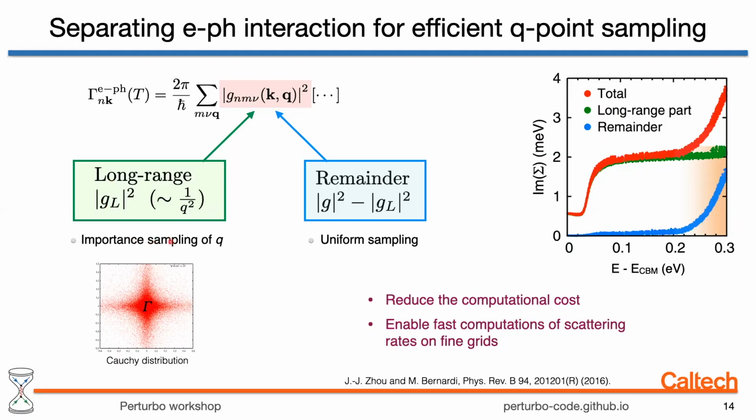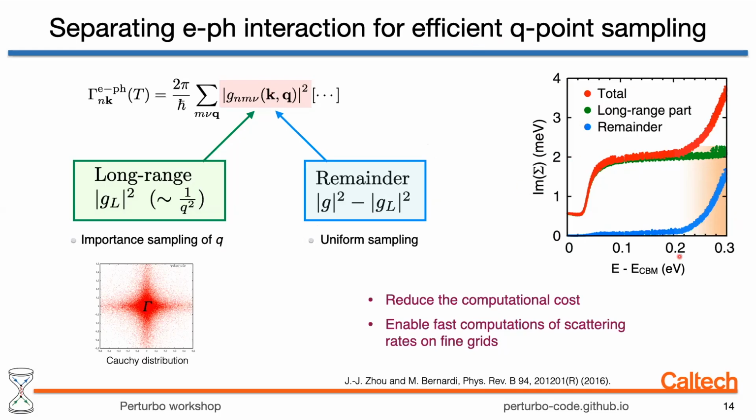In the long-range part, where we have a diverging function, we use importance sampling with the Cauchy distribution, which is much more helpful to capture your diverging function. Whereas in the short-range part, you can still use a uniform sampling and have much, much coarser q samples. And in this way, we really optimize our calculations for how your electron-phonon interactions look.